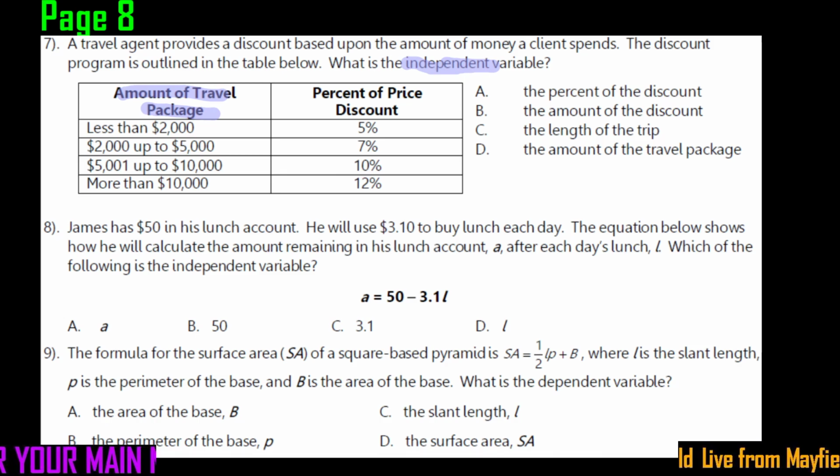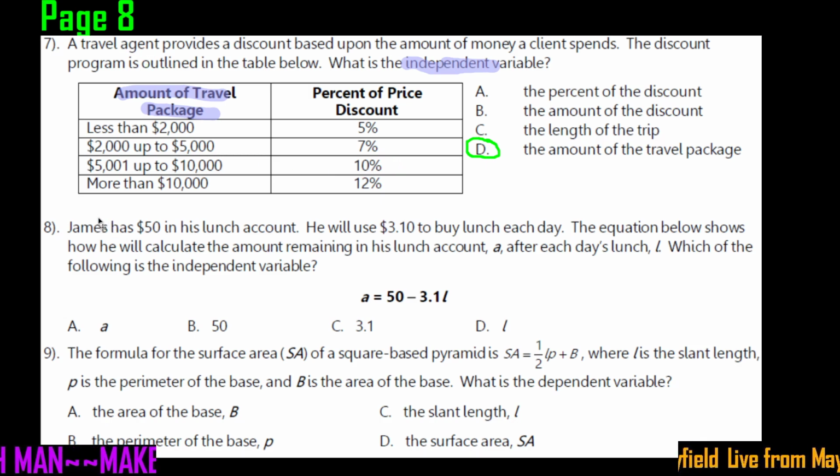Those are usually going to be on the left there, so you want to make sure you can see that carefully. So we would say the amount of the travel package. Gotta read carefully for that one. Make sure you're seeing that the amount of the travel package affects the percent of discount, meaning the more you are traveling, the more discount you're going to have.